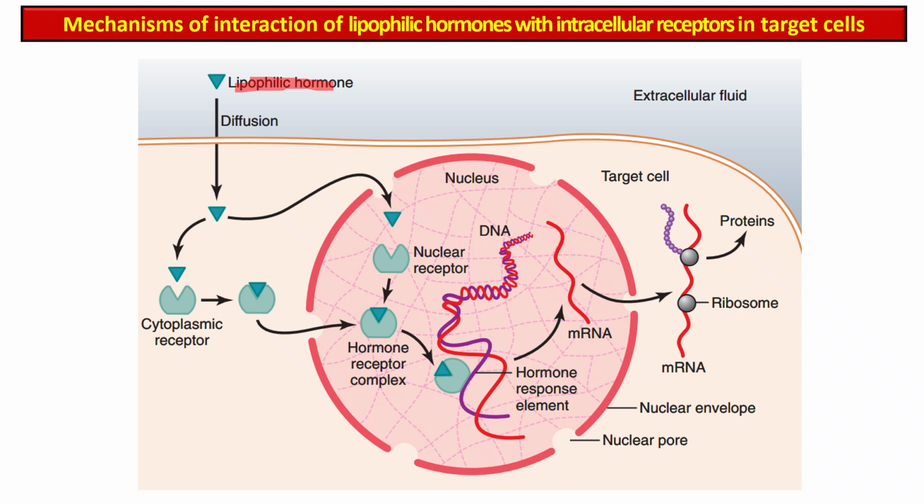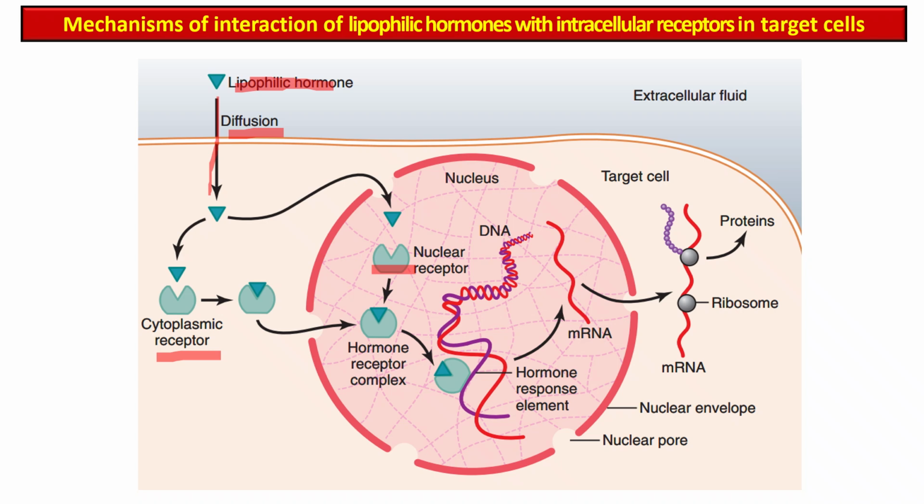So there is entry of the hormone into the cell by the process of diffusion. Lipophilic hormones such as steroid hormone, thyroid hormone, vitamin D, or retinoic acid diffuse freely across the cell membrane due to lipid solubility. So these then bind with the cytoplasmic receptor or the nuclear receptor.